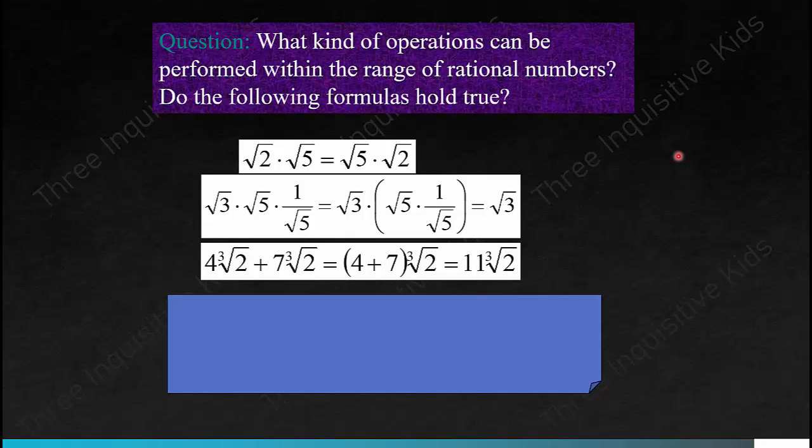Question: what kind of operations can be performed within the range of irrational numbers? And do the following formulas hold true? So this is saying the square root of 2 times the square root of 5 is equal to the square root of 5 times the square root of 2. And as you can see, that is the commutative property.